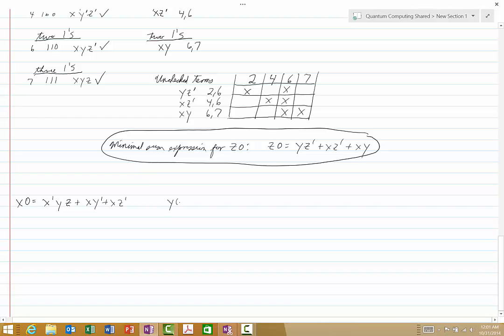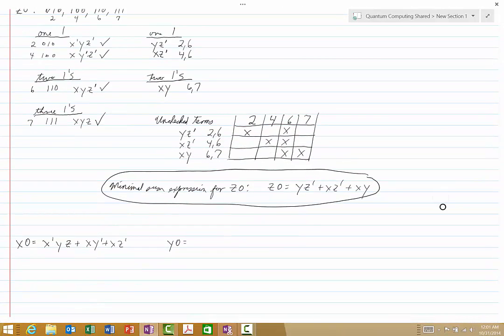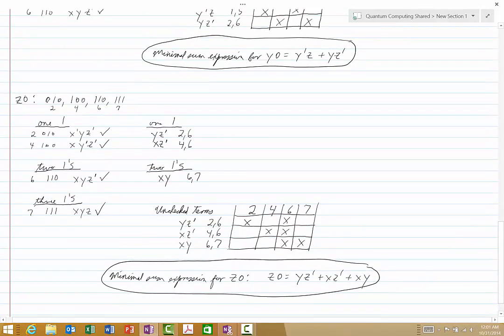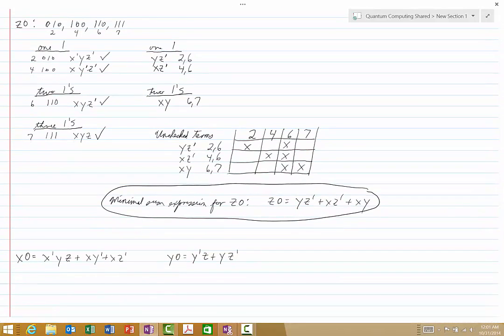For Y0, we obtained Y prime Z or YZ prime. And for Z0, we obtained YZ prime or XZ prime or XY.